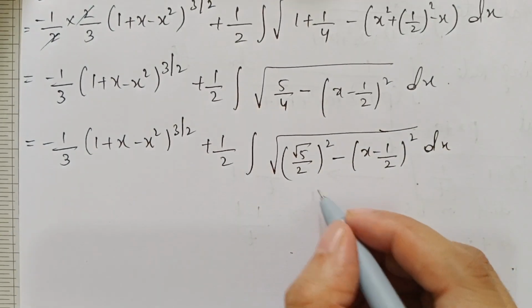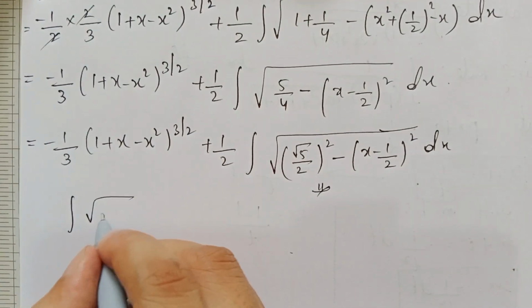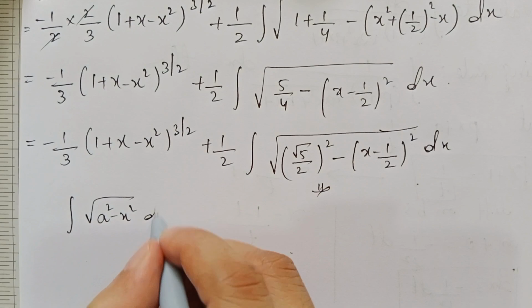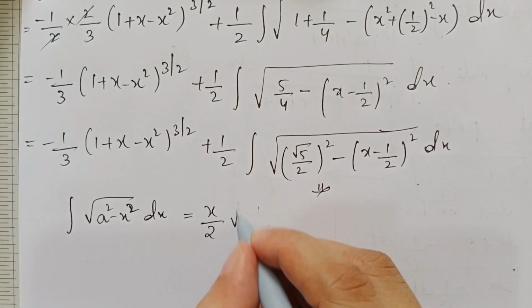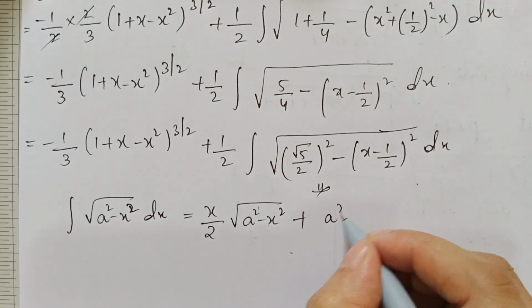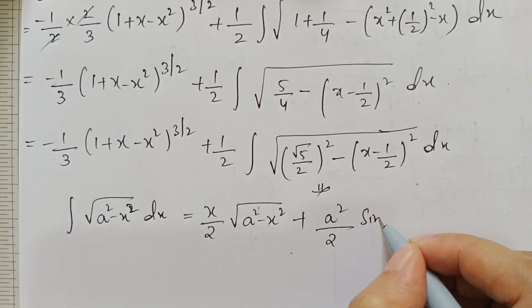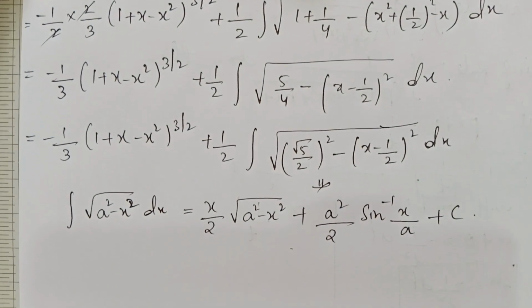So this term is in the formula form, which is integral root of a square minus x square dx, which is equal to x by 2 root of a square minus x square plus a square by 2 sine inverse x by a plus c. This is the formula for this term.